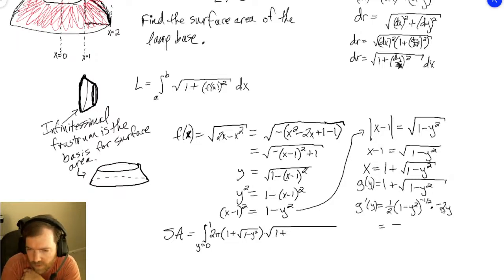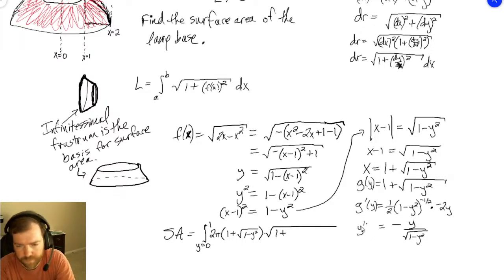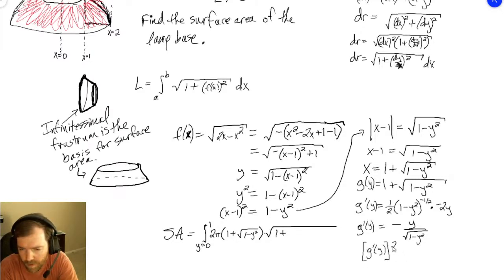It's going to be a negative 1, so it's half of 2, and then we get a y on top and a square root of 1 minus y squared at the bottom. That's g prime. Okay, and then g prime of y squared is going to be equal to y squared divided by 1 minus y squared.